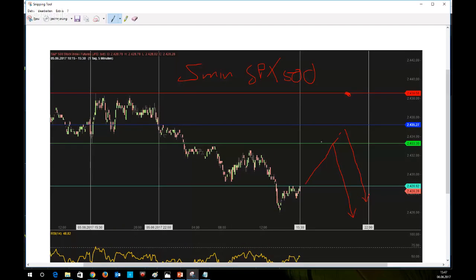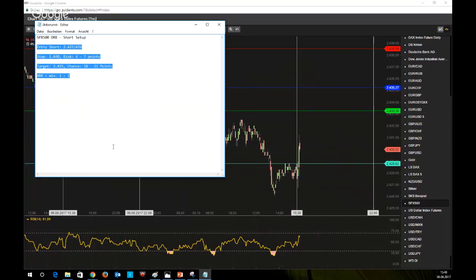We wait for a push toward the green, respectively the blue line, going short somewhere in between those two lines. The green line shows the low from yesterday, and the blue line shows the close from yesterday, 8 p.m. GMT. Entry short at 2,433 to 2,436, somewhere in between.